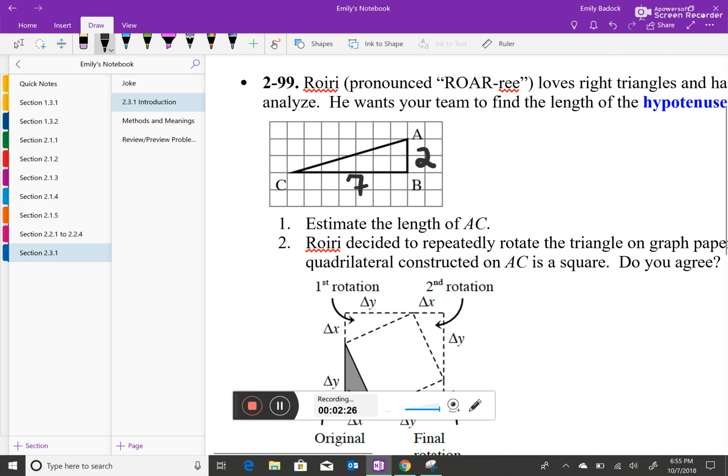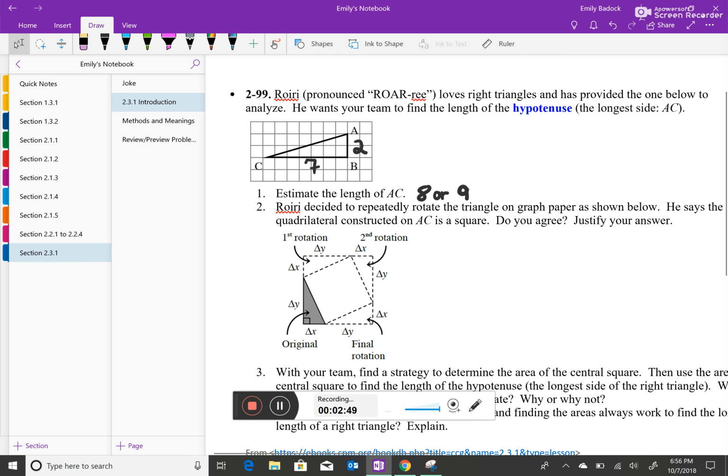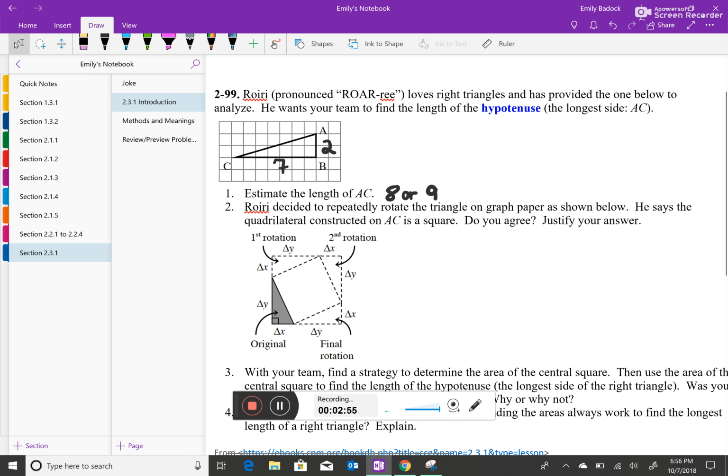So it's got to be more than 2 and 7 units. So I'm going to say 8 or 9 units. Just a rough guess. Whenever it tells you to estimate in the book, just make sure you are making smart decisions on how you are estimating.